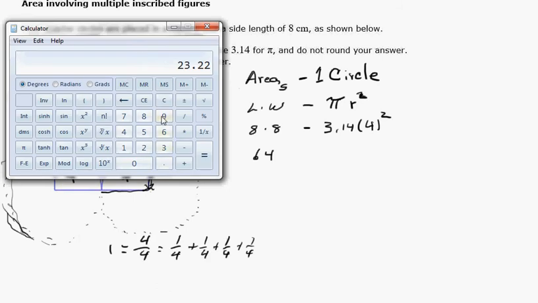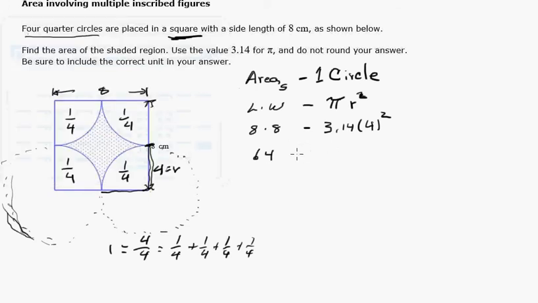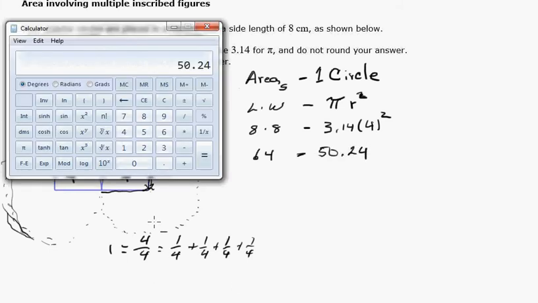Let's just do it on the calculator. Clear. So 4 times 4 is 16 times 3.14 is 50.24. So minus 50.24. So now let's just go back.